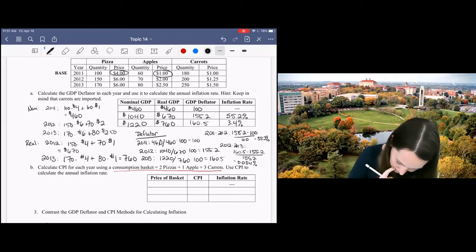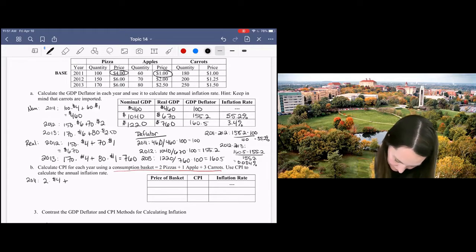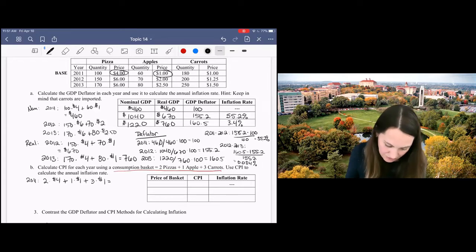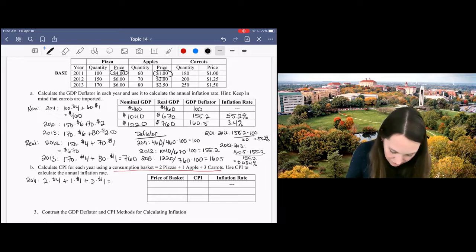So we've got in 2011, right? I want to buy 2 pizzas, and each pizza costs $4. Plus, I want to buy 1 apple, which costs $1. Plus, I want to buy 3 carrots, which cost $1 each. And so the price of my basket in 2011 would be $12.